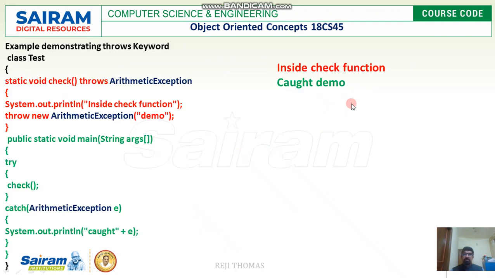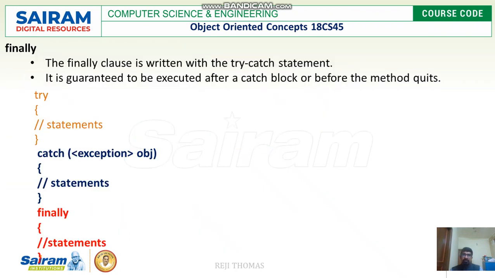So this is about throws. The last one is finally. As we have seen previously, this clause is written with a try and catch statement, and it guarantees that whatever I write inside this finally will get executed irrespective of what happens inside the try and catch blocks.